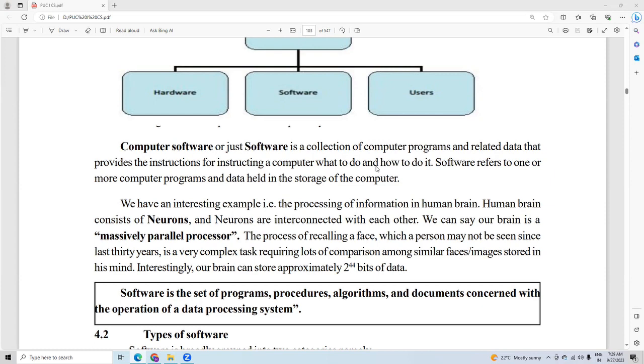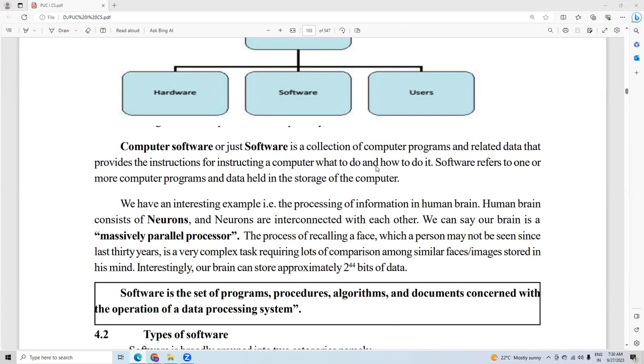So software is one special thing which makes the computer hardware work. How will it make it work? Because it contains a set of programs. Each and every program contains a set of instructions, where every instruction instructs the computer to do some particular operation.